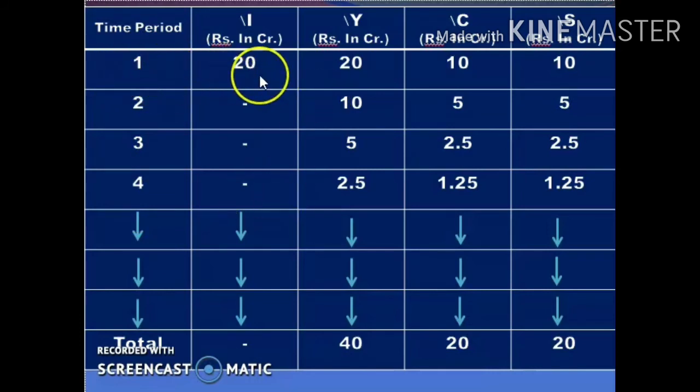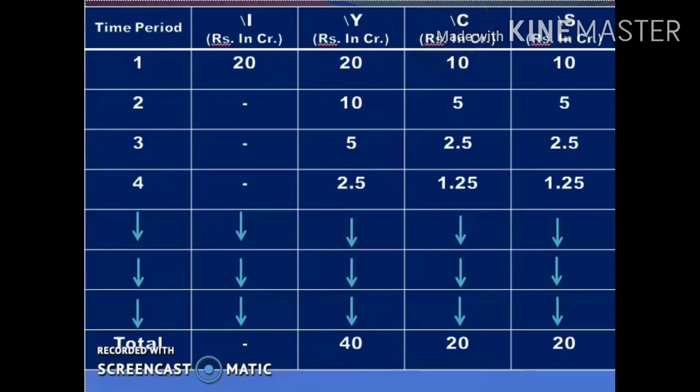And 20 crore is the investment. So the investment will be constant, as you know. Then delta Y, if income is 20, then what is the delta C?